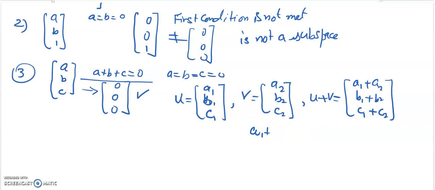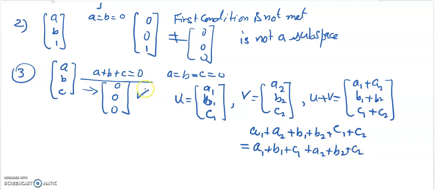Now we can rearrange these terms: a1 plus b1 plus c1, and then a2 plus b2 plus c2. By this condition, we know that if a plus b plus c is equal to 0, then a1 plus b1 plus c1 should also be 0. So this is 0 and this is 0. This means that the whole expression is equal to 0, which means that u plus v condition is also satisfied.